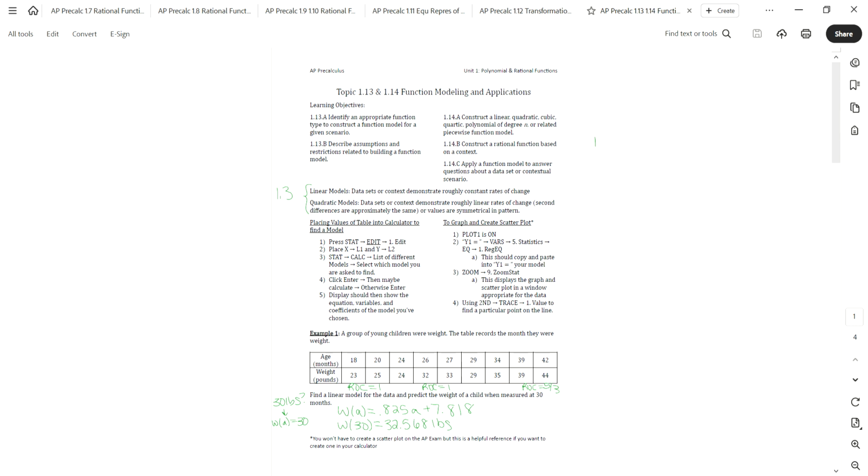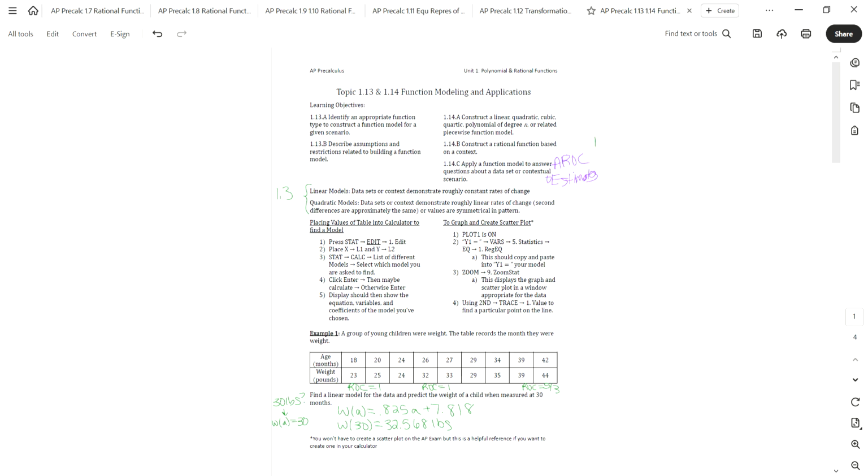Okay. It is this piece right here where you are dealing with average rates of change and estimates. Okay. That's where they will sneak in some of those problems.